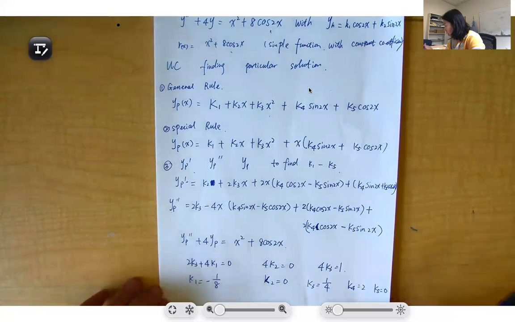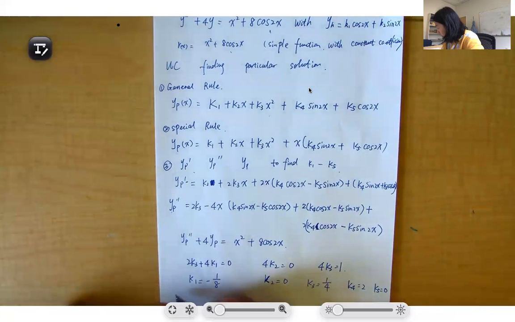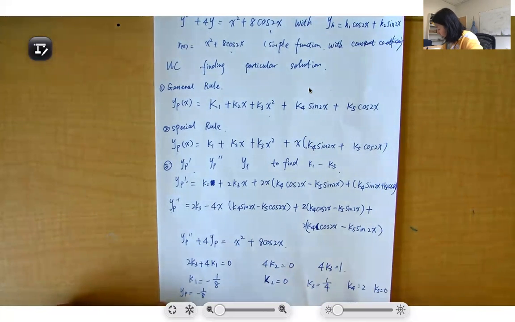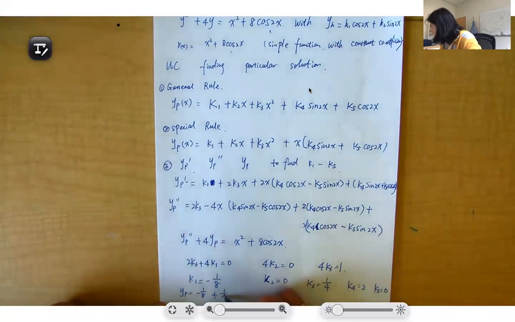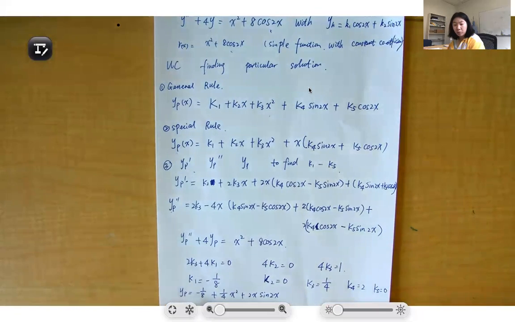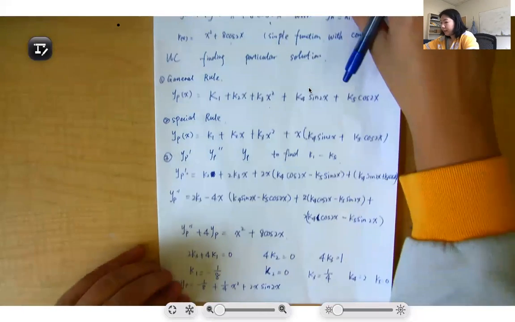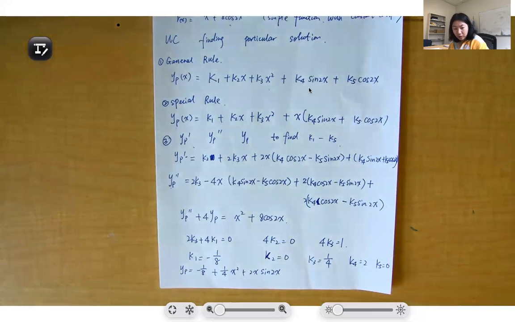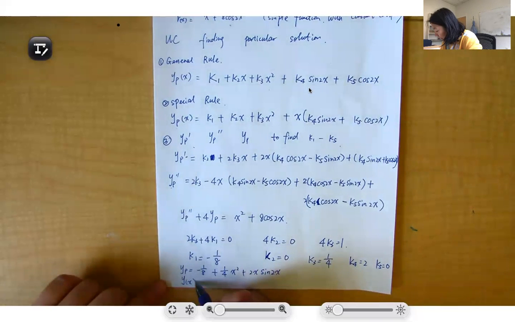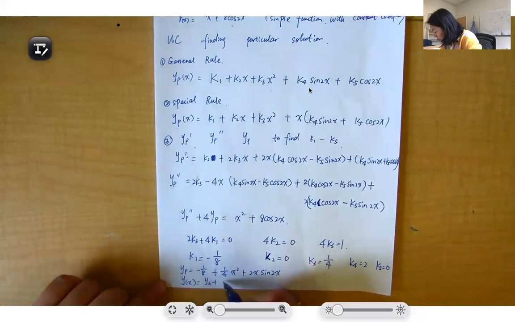Then in the end, your yp will equal negative 1 over 8 plus 1 over 4 x squared plus 2x sine 2x. That is your particular solution. Okay, that is your particular solution. The general solution will be the particular solution plus the homogeneous solution. So y(x) in the end will be yh plus yp.